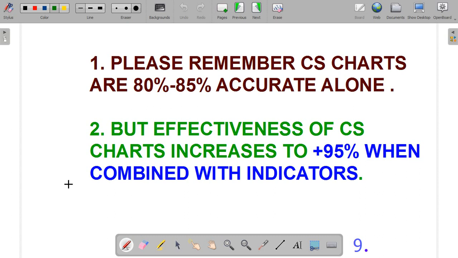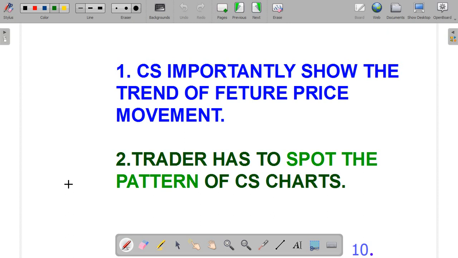Please remember, candlestick charts are 80 to 85% accurate when used alone, but the effectiveness of candlestick charts increases to plus 95% when combined with certain indicators, and today we will see the indicator also. More importantly, candlestick charts show the trend of future price movement.